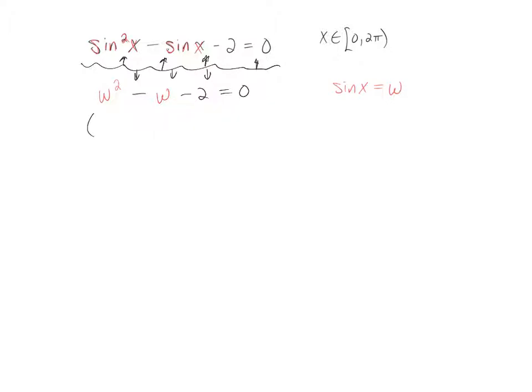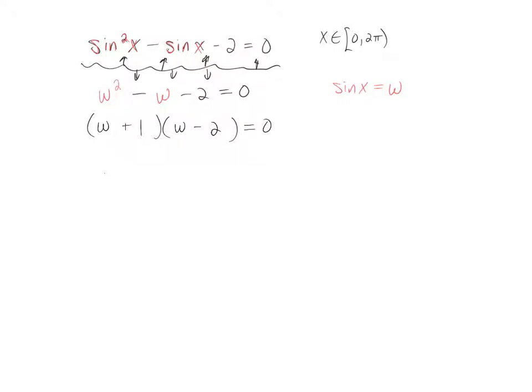So if we could factor this into 2 things, let's find 2 numbers that multiply to get -2 and add to get -1. Think about that for a minute, and those two numbers would be -2 and +1. So this factors to (w + 1)(w - 2) = 0.